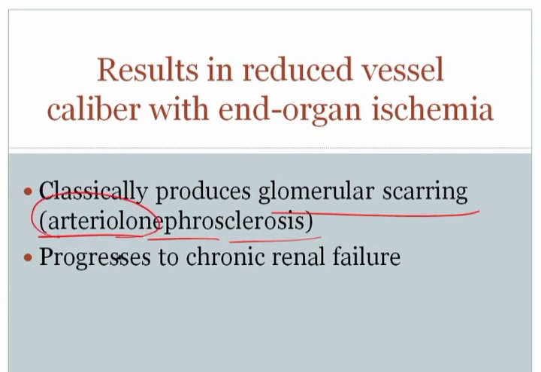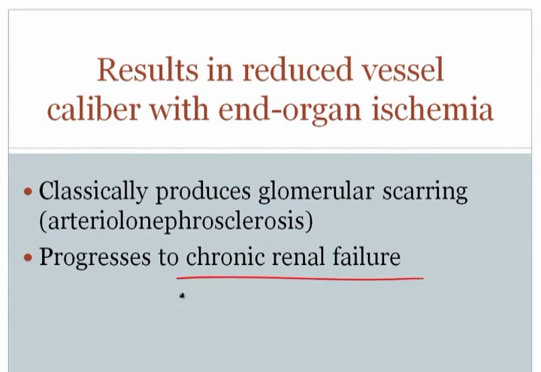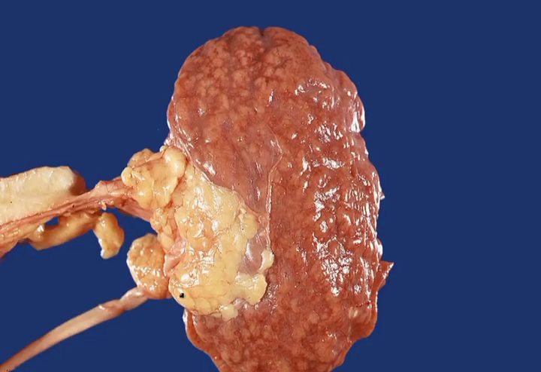Arteriolo, small arterioles. Nephro, kidney. Sclerosis, you get sclerosis of both the glomeruli as well as those small blood vessels. And of course, this is how we get to chronic renal failure in patients with long-standing hypertension and in patients with diabetes.